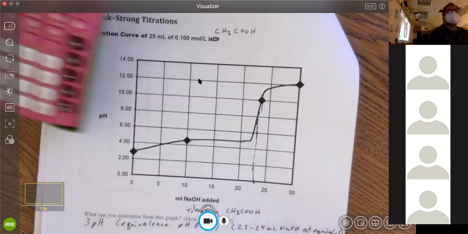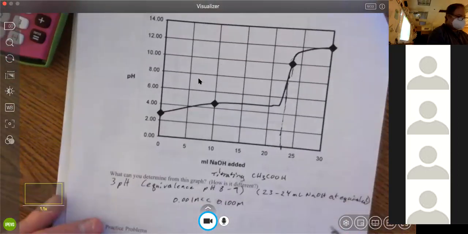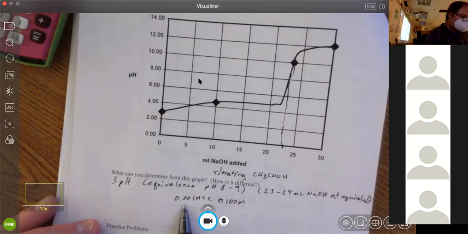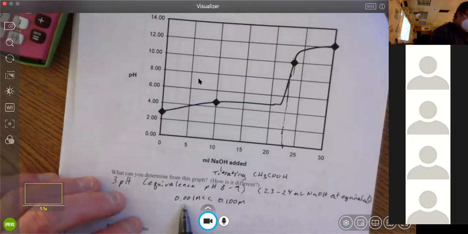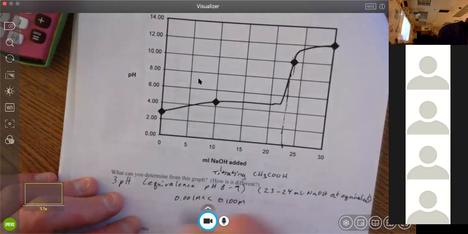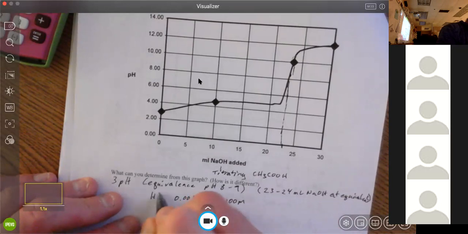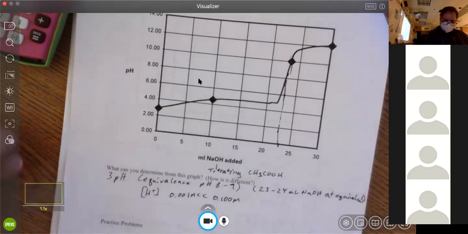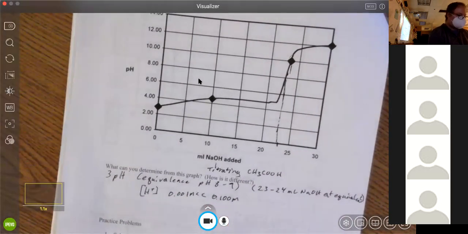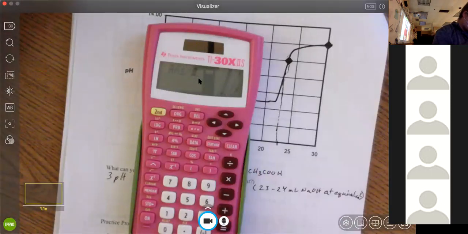So that's much lower than the 0.1, which is the concentration of the acid. Much, much lower. That tells us that this is definitely a weak acid. If we wanted to, we could take this H plus concentration and divide it by 0.1 and multiply that by 100.